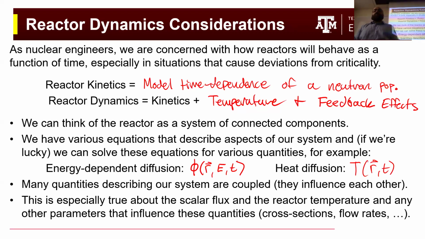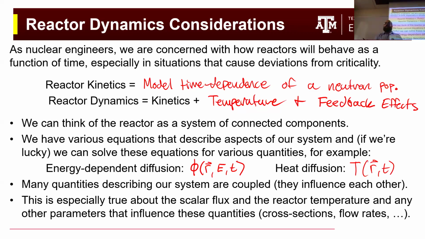That's a different class, but it's important to recognize that these things are connected, and your temperature is going to affect your diffusion, just like your diffusion is going to affect your temperature. As things fission, they'll heat up. As things heat up, it affects your cross sections, which can go back and affect your flux. So this is an example of other quantities that are coupled in our reactor.